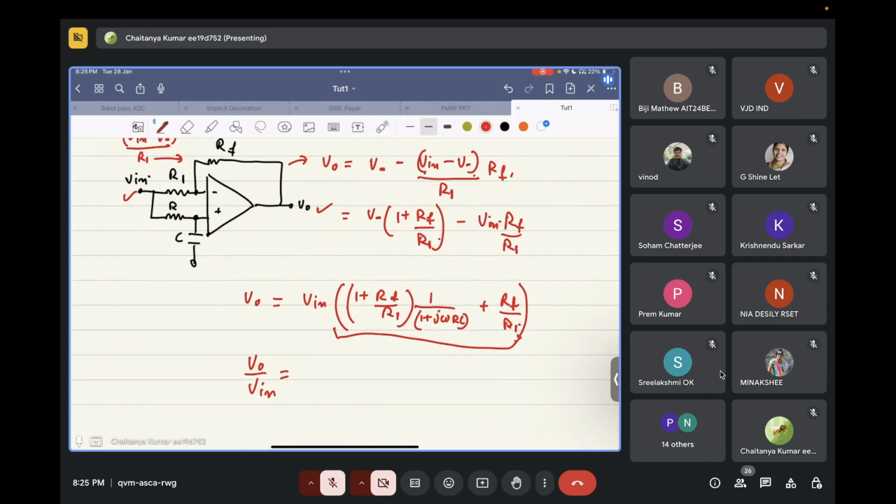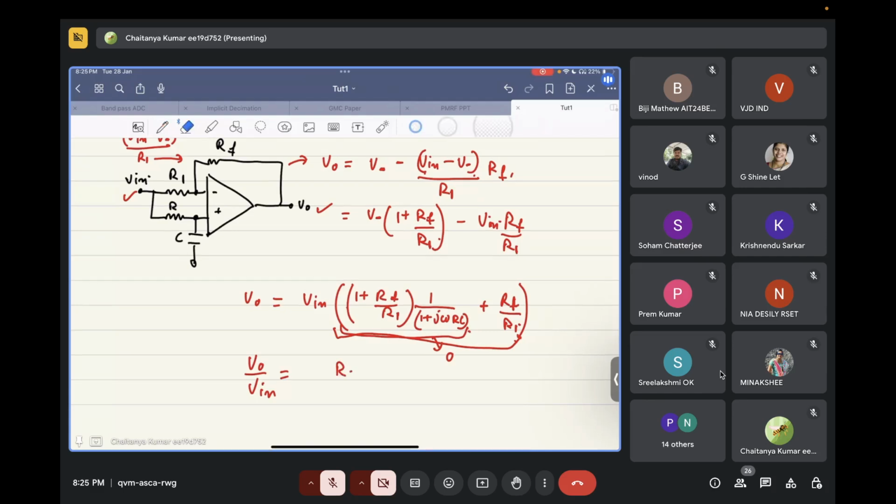So what is the gain when omega tends to infinity? RF by R1, right? What will happen is this complete term will go to zero, because as omega tends to infinity, the denominator will keep on increasing and increasing, and this complete term will go to zero.